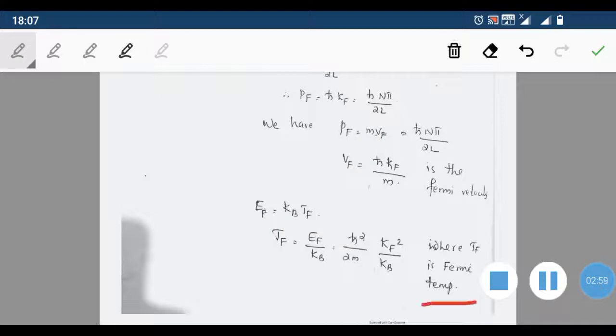So the expressions for Fermi temperature and Fermi velocity are all important expressions. And the Fermi level is the maximum energy level that can be occupied by electrons at absolute zero temperature. All the levels below the Fermi level are completely occupied, and we cannot see any electron above the Fermi level at that absolute temperature.